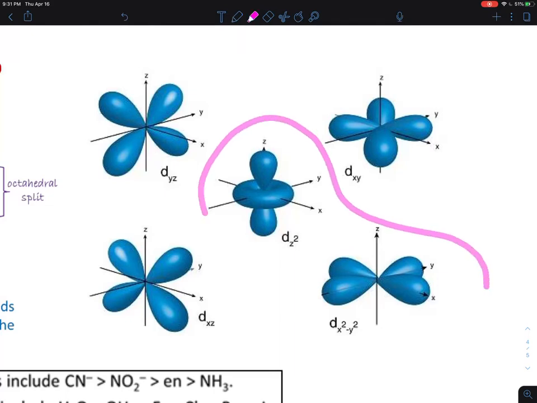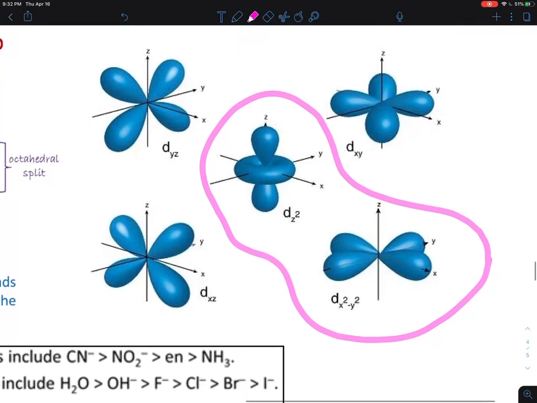So I'm going to group these two. Okay, so why am I choosing these two as one group? Okay, can I move this one? I don't think I can do that, so I will just leave it and make this one go up. If you look at that, there's an x-axis, y-axis, z-axis.